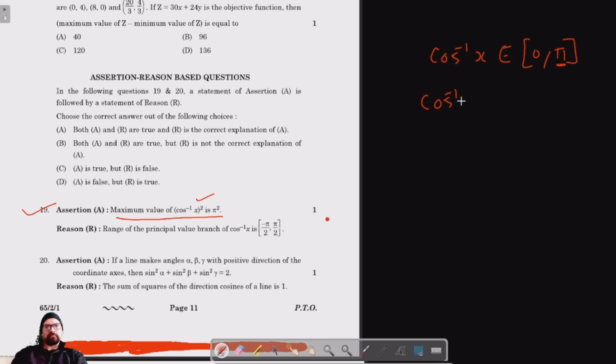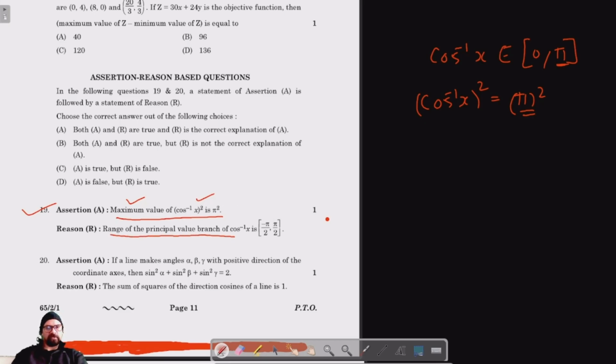If I take the square of this, it is pi squared. So the assertion is true.